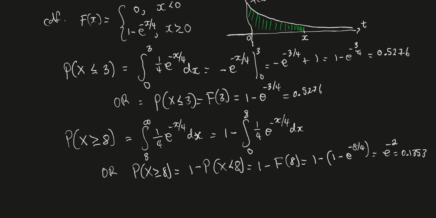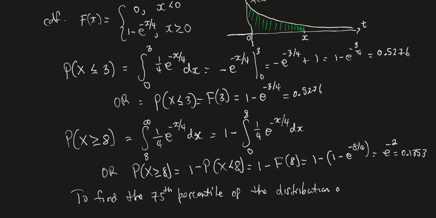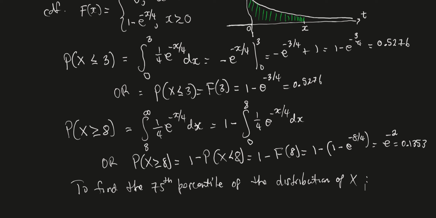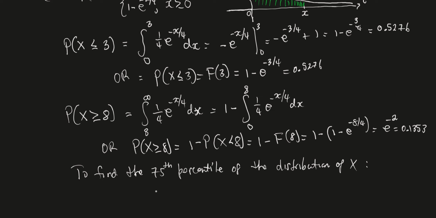So let's find the 75th percentile of the distribution of x. We would take our CDF, and our notation for the 75th percentile would be x sub 0.75, and then that would have to be equal to 0.75.